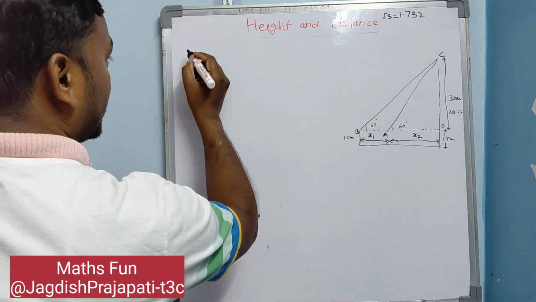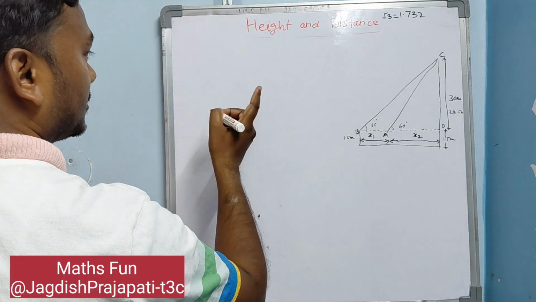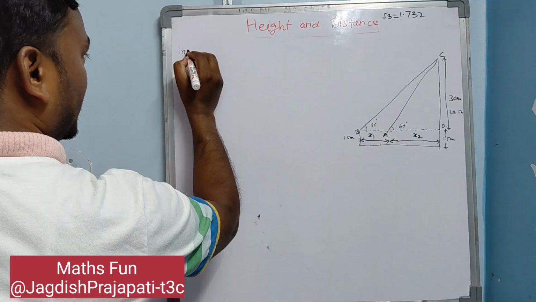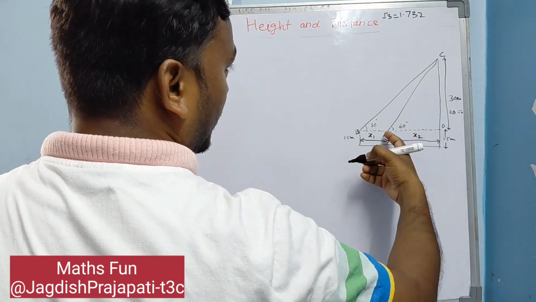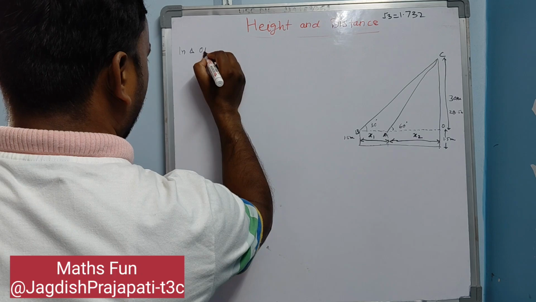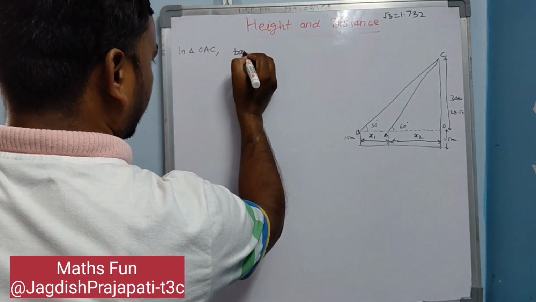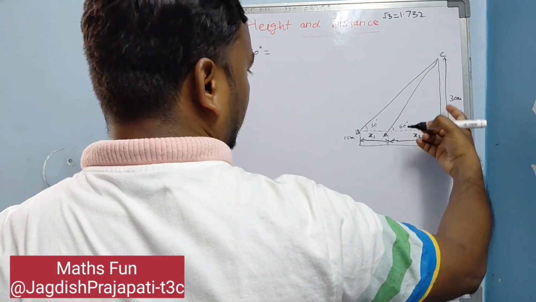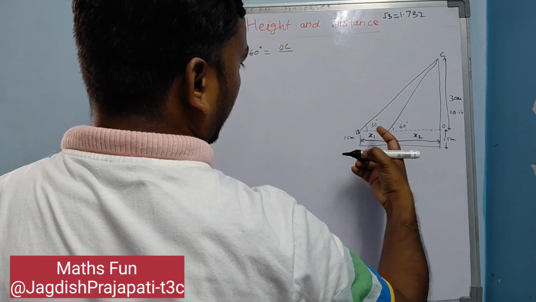So according to the figure, according to the diagram, whatever you want to write, you write. Okay, so in triangle OAC, tan 60 will be OC by OA.